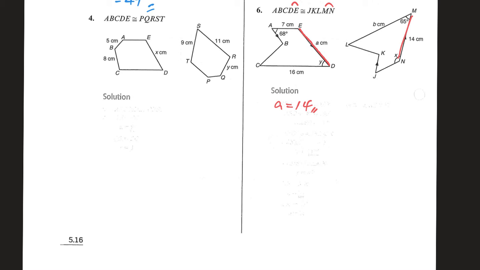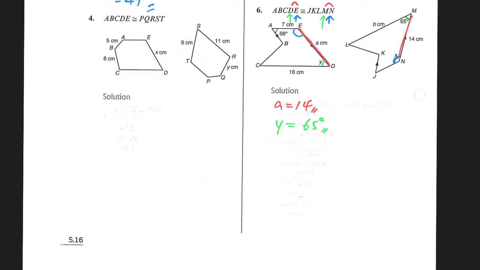Afterward, we have another unknown x here, which is the letter N. N should be matching to E, which is an unknown here. Okay, we have the last letter y, which is D here. According to congruent figures, it matches to M, which is 65 degrees. So we can get y is 65 degrees immediately.